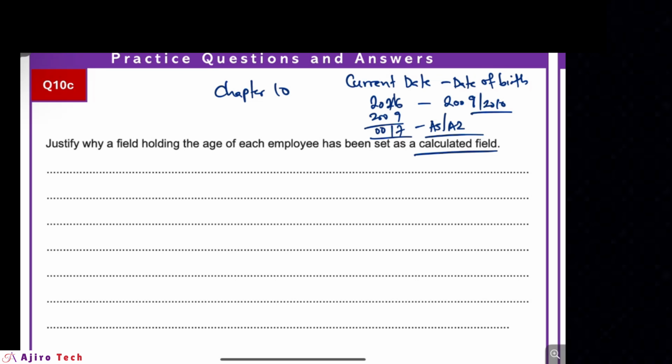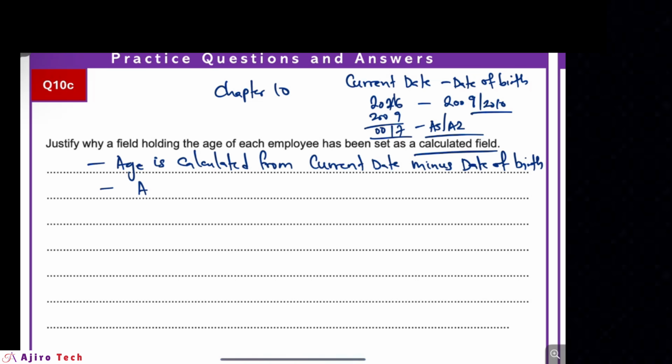Okay, so the first one is that age is calculated from the current date minus the date of birth. Age changes every year.